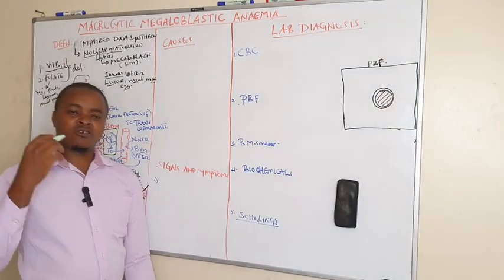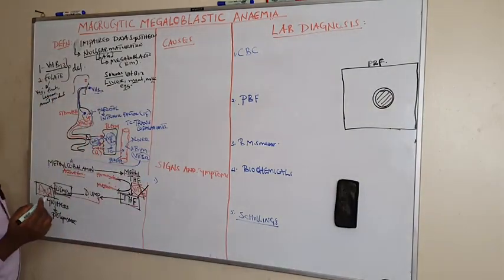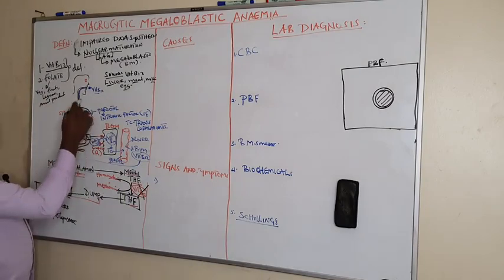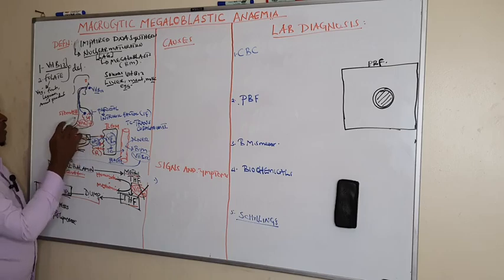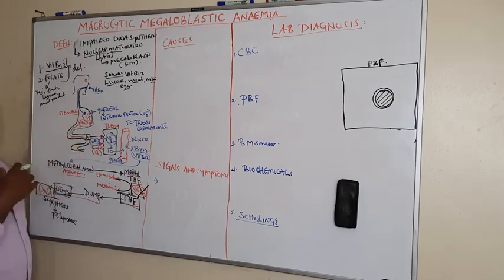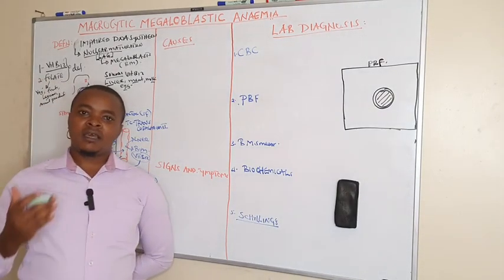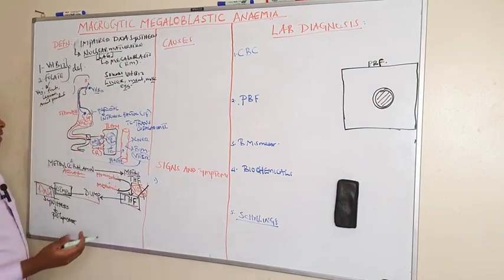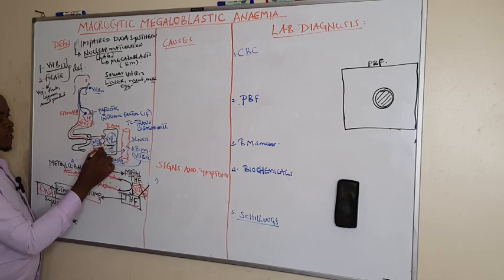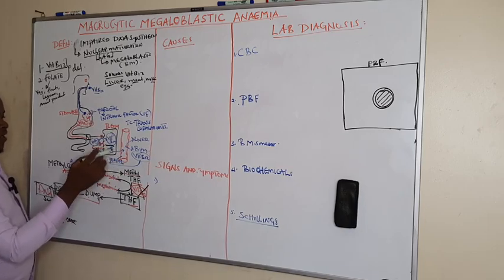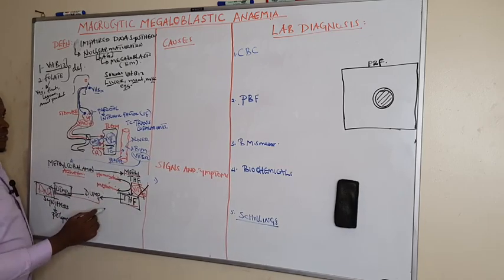And the pathway that is for vitamin B12, then for folate also, when taken, this folate forms what we call folate polyglutamates. And these folate polyglutamates, after being absorbed in the ileum, they are the ones that are converted into tetrahydrofolate.